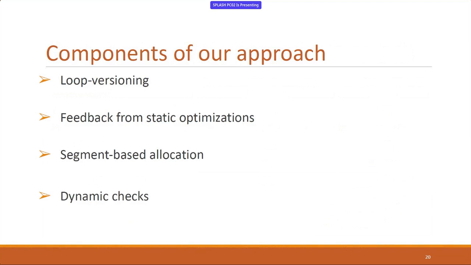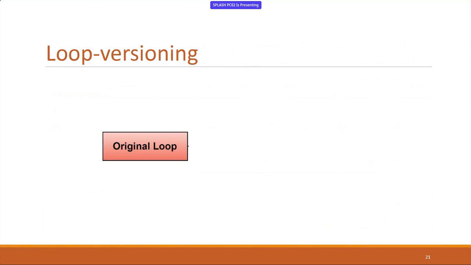These are the four main components of our approach: loop versioning, feedback from static optimizations, segment-based allocation, and dynamic checks. Let's start with loop versioning. As the name suggests, the purpose of this component is to create two versions of the loop and annotate one of the versions by inserting the required information.